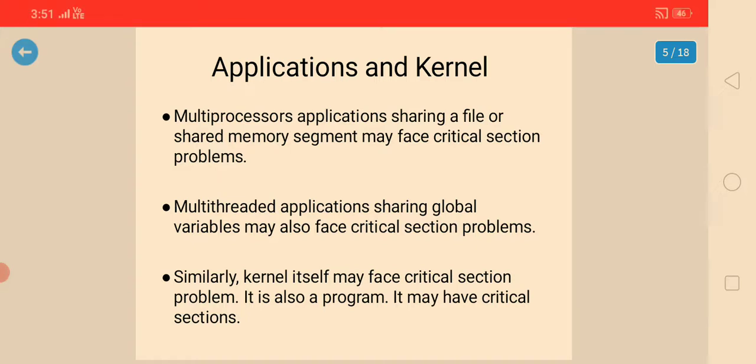Second, a multi-threaded application sharing global variables may also face the critical section problem. Global means throughout the program. Similarly, the kernel itself may face the critical section problem: it is also a program and may have critical sections, and even hardware can come into the critical section problem.